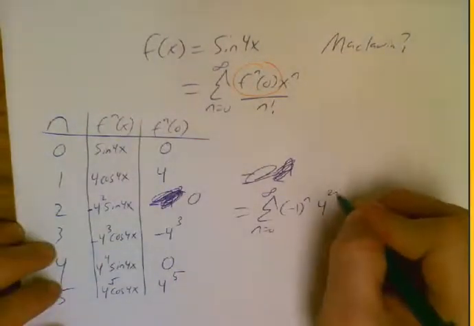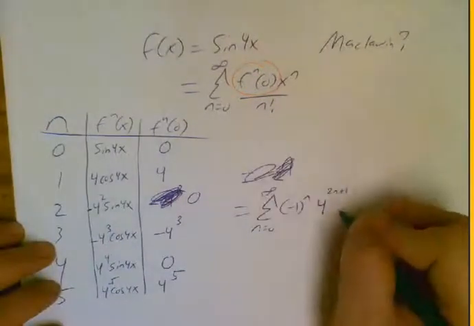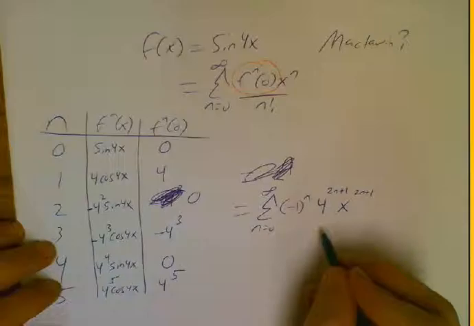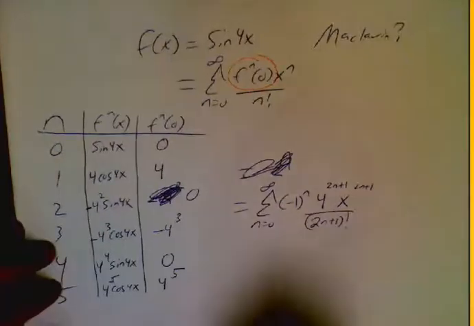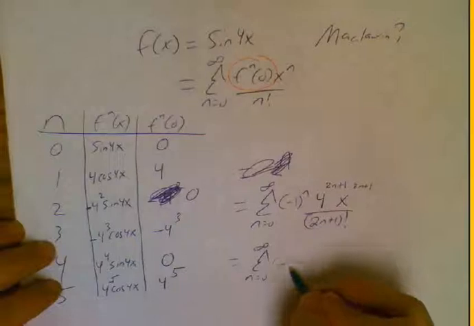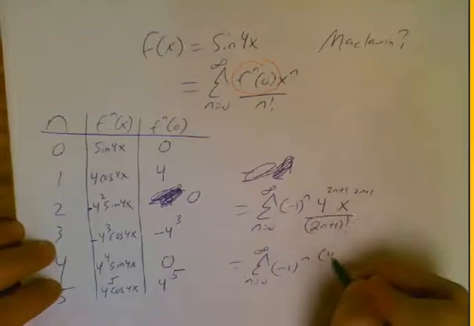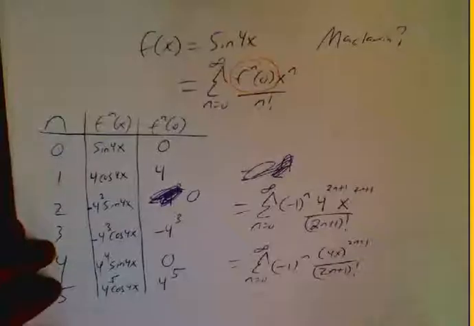So 4 to the 2n plus 1. And then I have x to the 2n plus 1 over 2n plus 1 factorial. And if I rewrite that, n equals 0 to infinity, this is 4x to the 2n plus 1 over 2n plus 1 factorial.